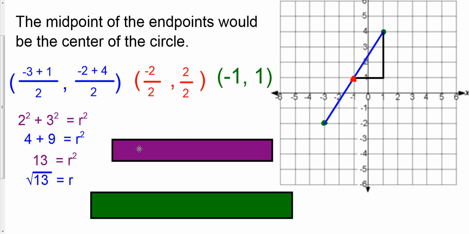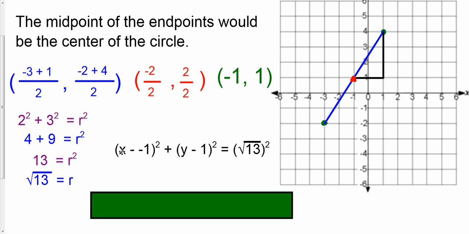So now I just put everything into place. x minus -1, because of my -1 spot here, all of that squared, plus y minus 1, again because of this 1 right here, that's what I'm subtracting, equals the square root of 13 squared.